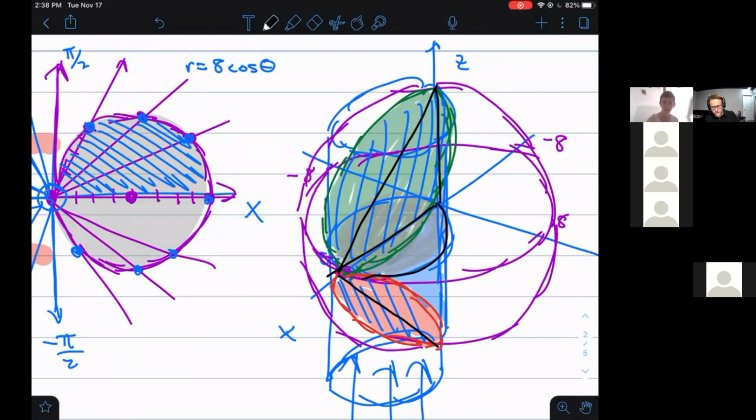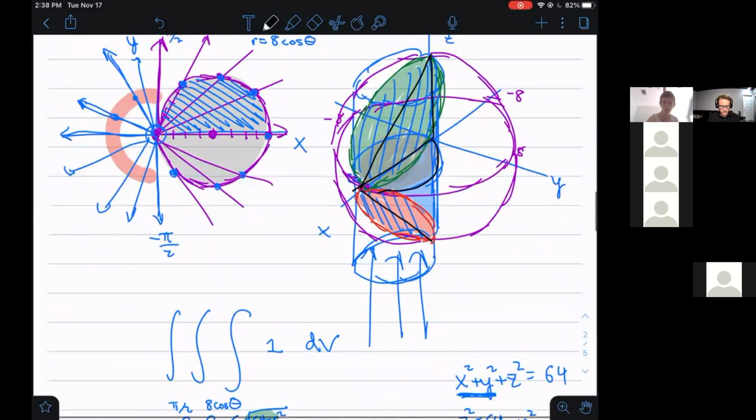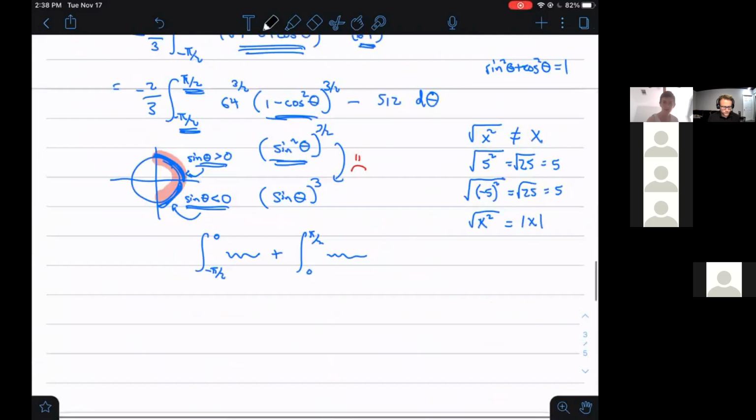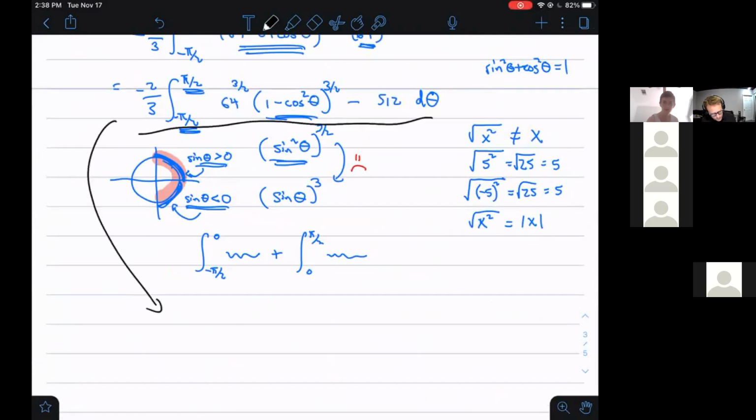So if you can find the volume of that half there, then you can just double it, and that will give you the overall volume. And so the quick way to do this, noticing the symmetry here, is to just take this and only evaluate from 0 to π/2.